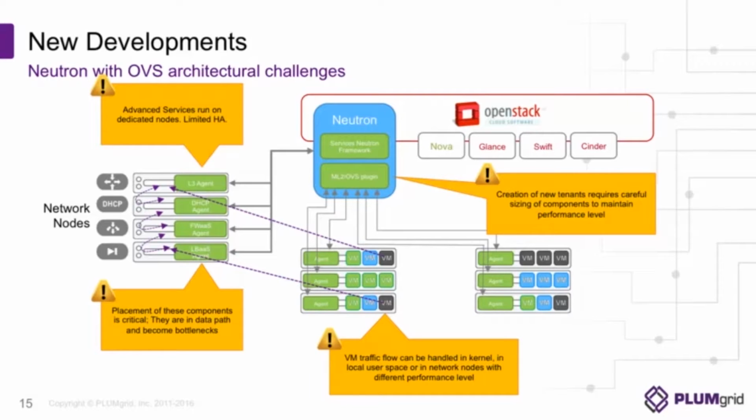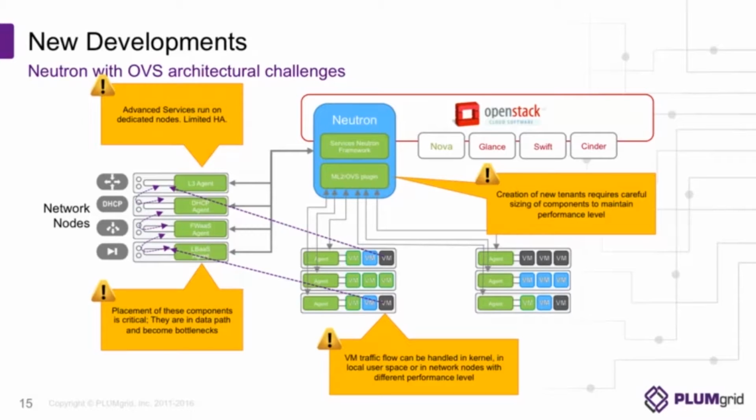Placement of these components on those nodes is critical, because that's in your data path. If you wanted to have, let's say, LBaaS, and it's not sitting in the right path, if it's not one of the first things that you hit, you'll run into problems. Packets will be punted and all sorts of crazy stuff will be happening. And that will limit your HA, your high availability.